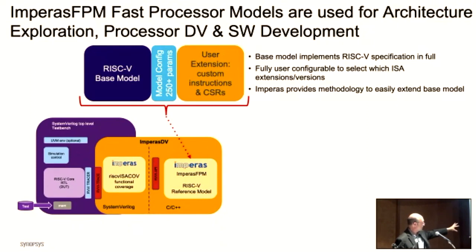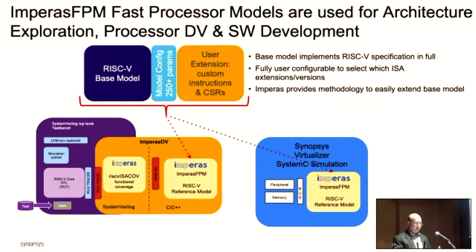And within that box, there is additional verification environment. But then the model also gets used in a virtual prototyping environment. And now that Imperas is Synopsys, we can say Virtualizer is actually the most popular virtual prototyping solution in the market.